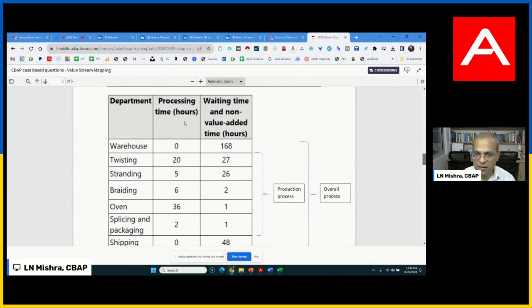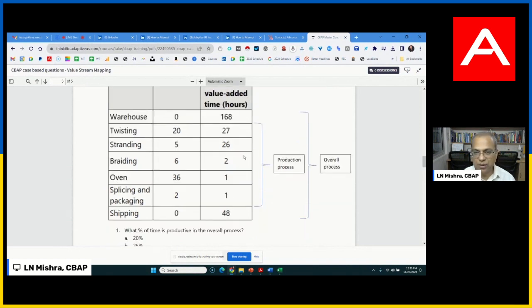And if you see here, there is a manufacturing or production process where a certain item is being processed for this much time and it's waiting for this much time, which is called the non-value adding time.